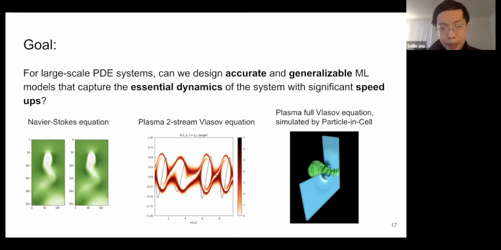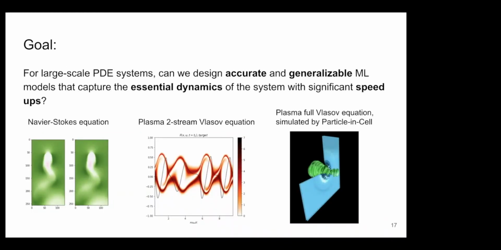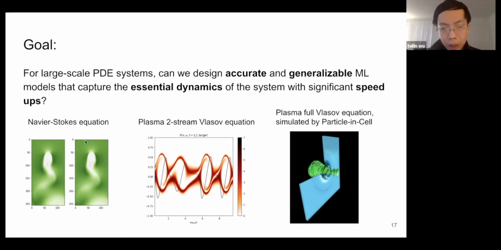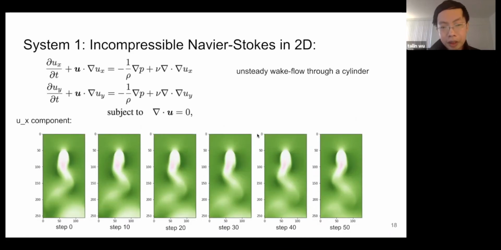Yeah. Thank you. So basically we will do it on these 3 systems. Firstly, we will do it on this Navier-Stokes equation. It is an incompressible Navier-Stokes equation in 2D, where we have 2 velocity components, ux and uy. There is a cylinder here, and the flow is flowing from this side downward.